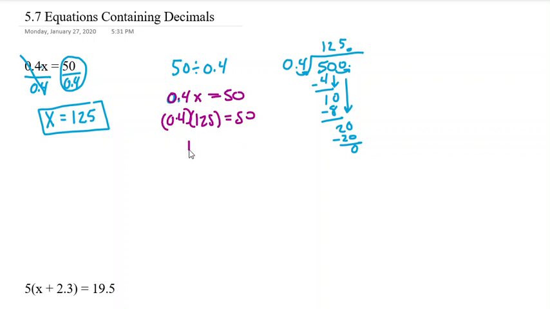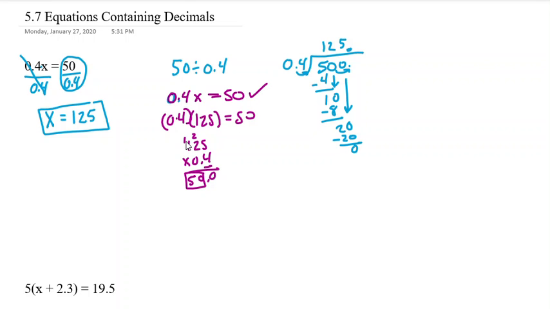So we can do that. 125 times 0.4. 4 times 5 is 20. 4 times 2 is 8, plus 2 is 10. 4 times 1 is 4, plus 1 is 5. And then there's one decimal place, so we put a decimal point there, and we get 50.0 or 50.